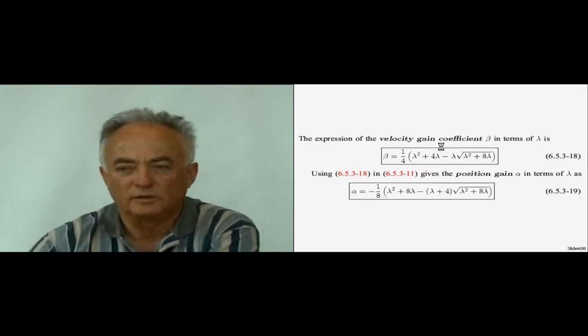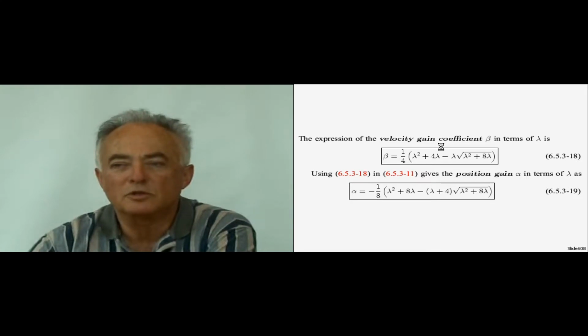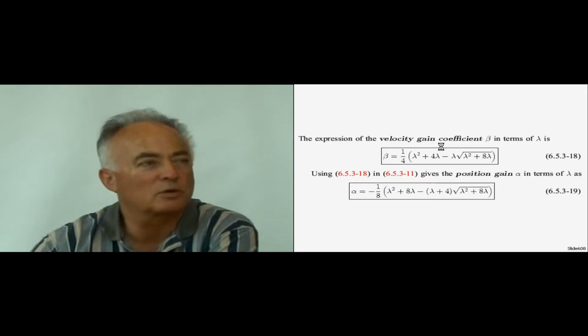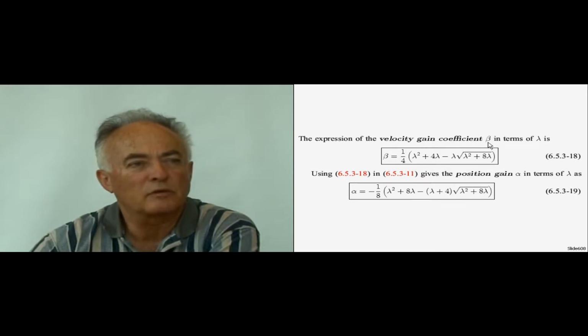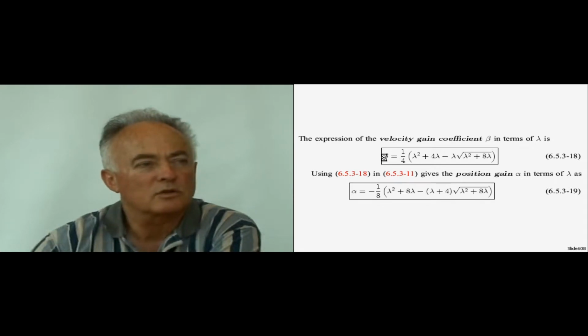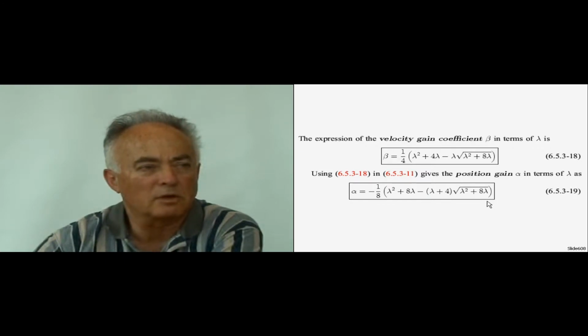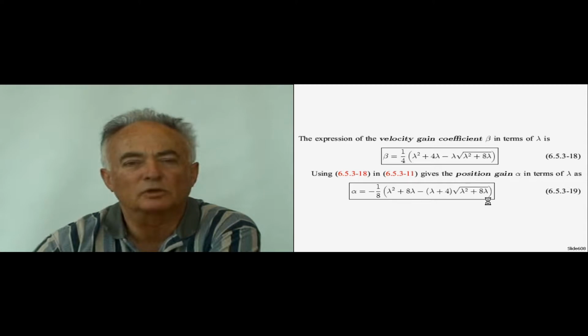And after algebra, which is described in detail in the textbook, the expression of the velocity gain coefficient beta in terms of lambda is obtained as 1 over 4 lambda square plus 4 lambda minus lambda square root lambda square plus 8 lambda. So what we have here is a simple algebraic expression for beta and a similarly simple algebraic expression for alpha.